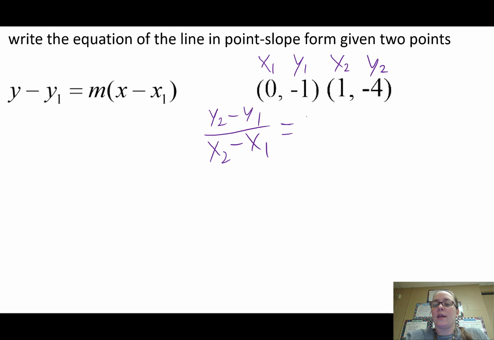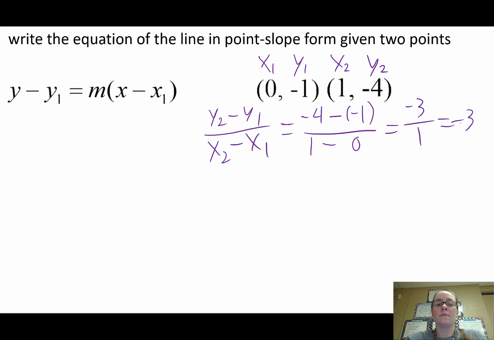So that's going to give me negative 4 minus a negative 1 over 1 minus 0. Negative 4 plus 1 is a negative 3 over 1, which gives me just a negative 3.